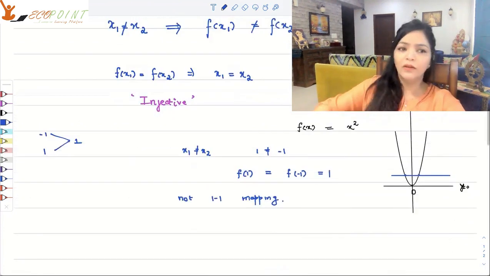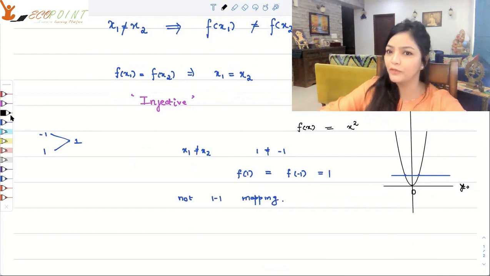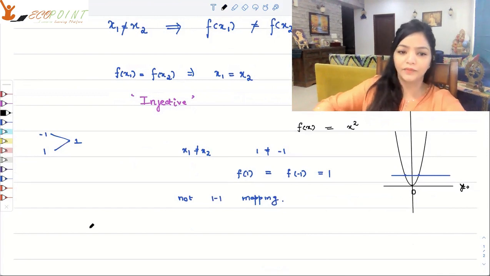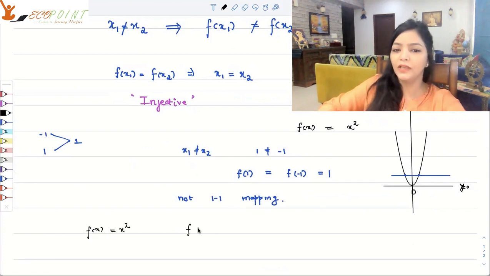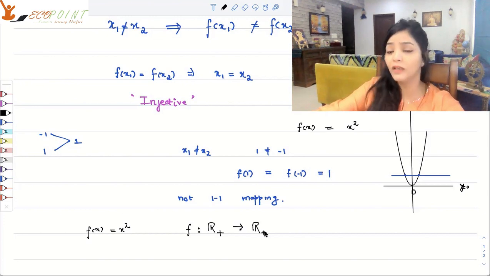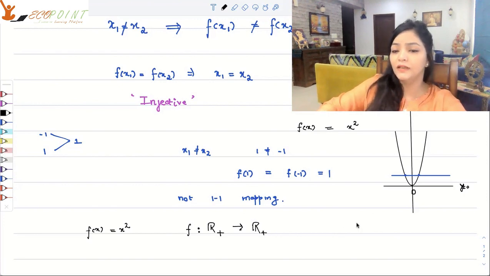Now let me take the same example with a bit of a twist. Let's take f(x) as x squared and let me say that f is a function which is going from R plus to R plus. What is the meaning of R plus? R plus means 0 to infinity.